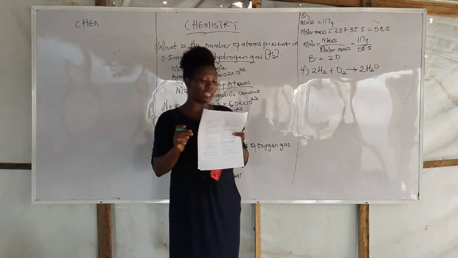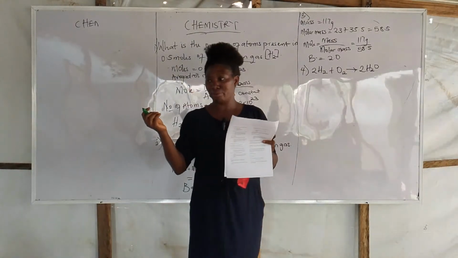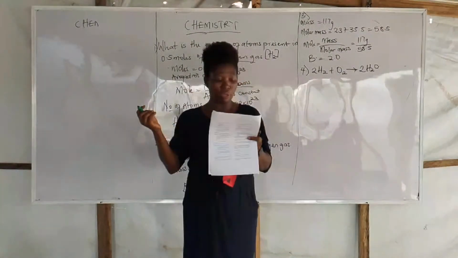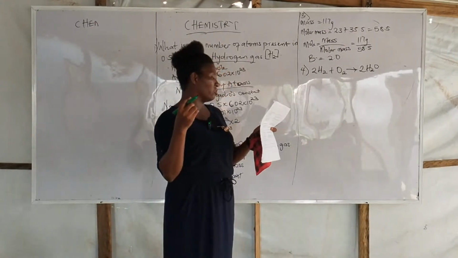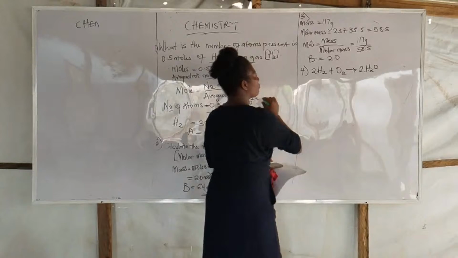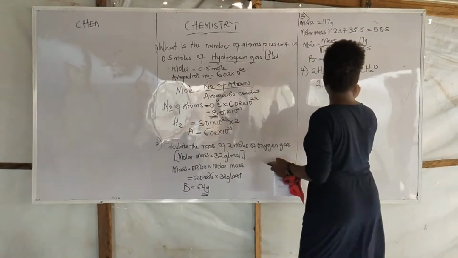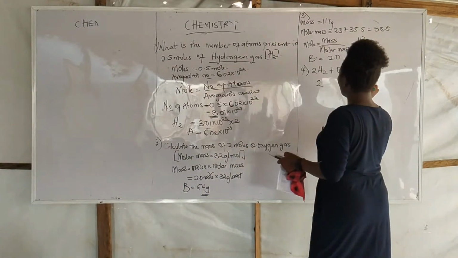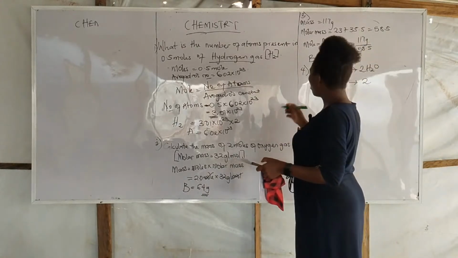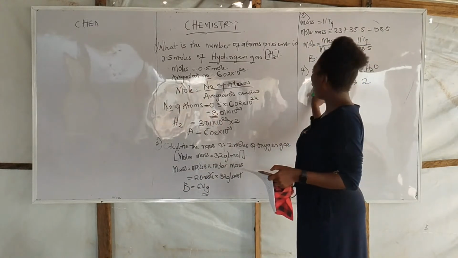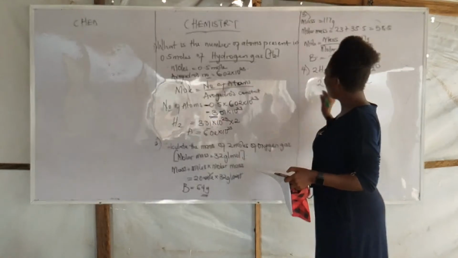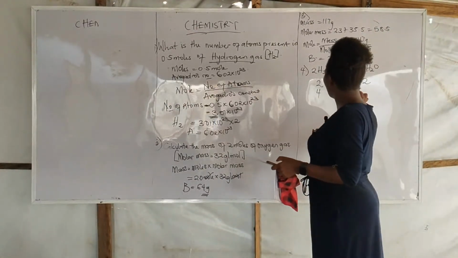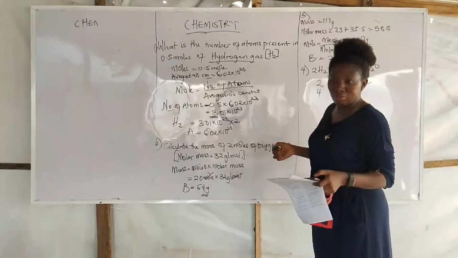So the question says, how many moles of water are produced when 4 moles of hydrogen reacts with excess oxygen? If 2 moles of hydrogen here produces 2 moles of water, then 4 moles of hydrogen, how many moles of water will it produce?